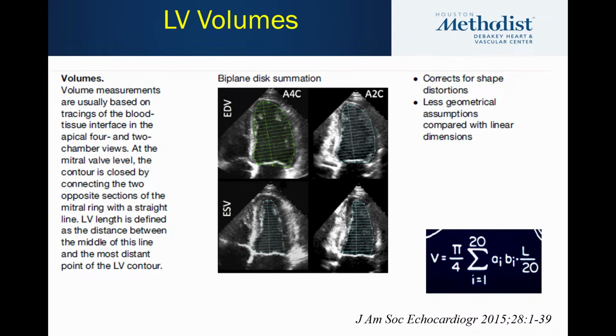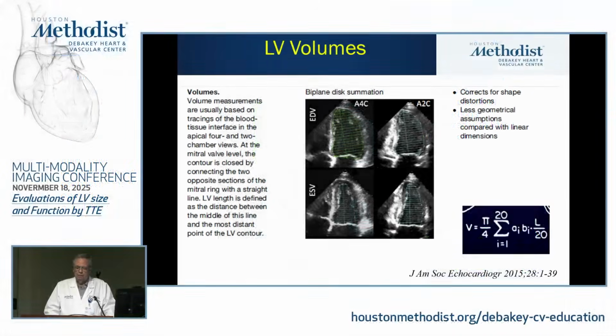But the best way to talk about LV size and function is with volumes. And if we're going to do measurements, then the method of discs is the preferred technique.